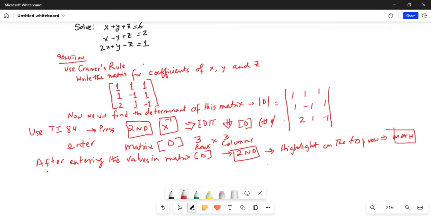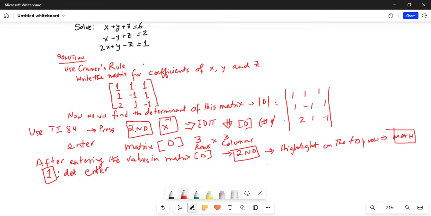Number 1 is det. Det stands for determinant, so bring the cursor on det and hit enter.